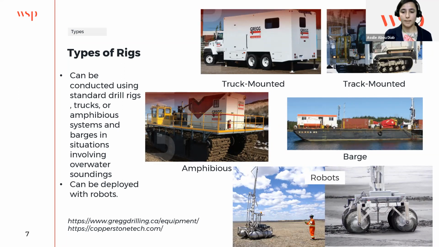And this is very important for applications for testing the tails, for example, in oil sand, because sometimes reaching those locations is not safe. So as a safety precaution and measure, having those robots perform the CPT while the operator is in a remote area is really very beneficial for safety.